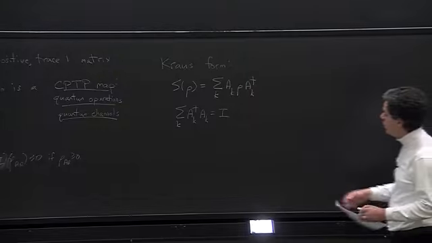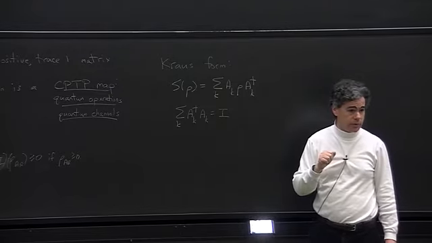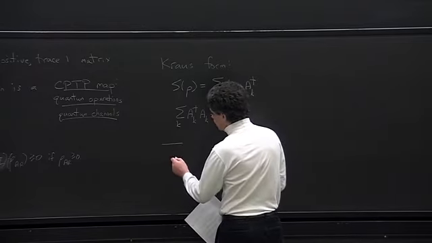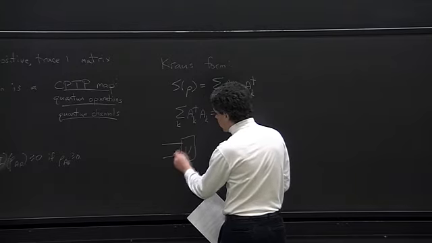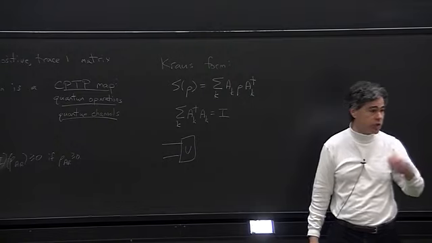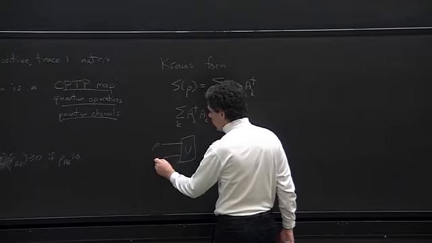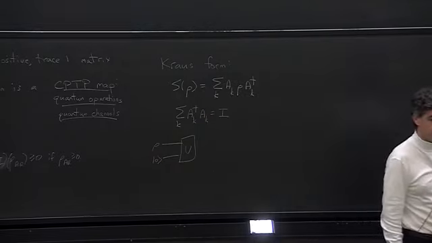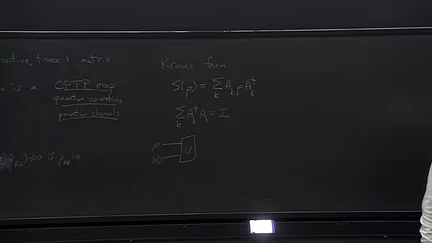Another way of representing these CP-TP maps is via purification. This is another way you could imagine getting the most general quantum operation. You can say, I'm going to take my state rho, and I'm going to add some ancilla, which might as well start in the state 0, because it's a new ancilla. It could be anything, but you might as well call it 0.